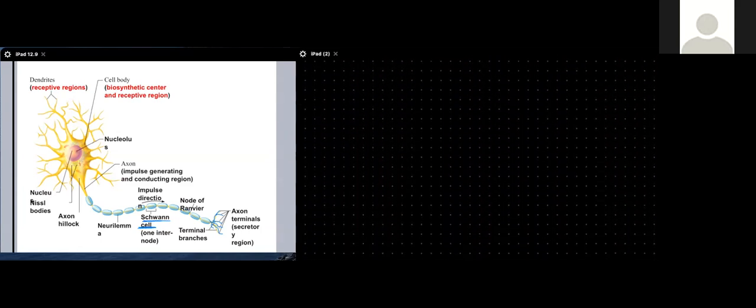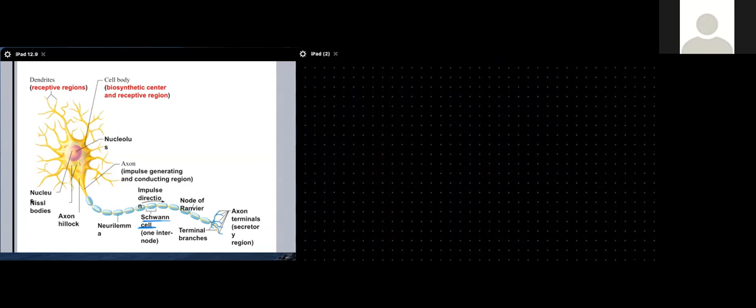All right, so for another in-class activity, please name the different parts of the nerve cell. We've got 2 questions before. Here is going to be another question as part of your in-class activities.